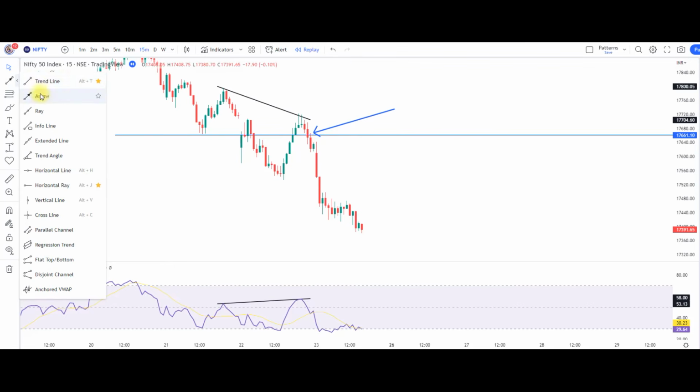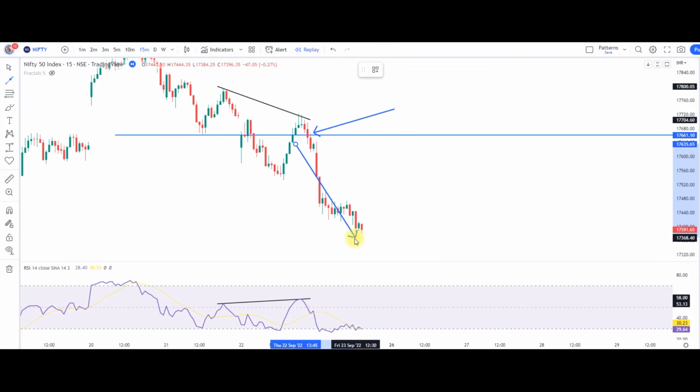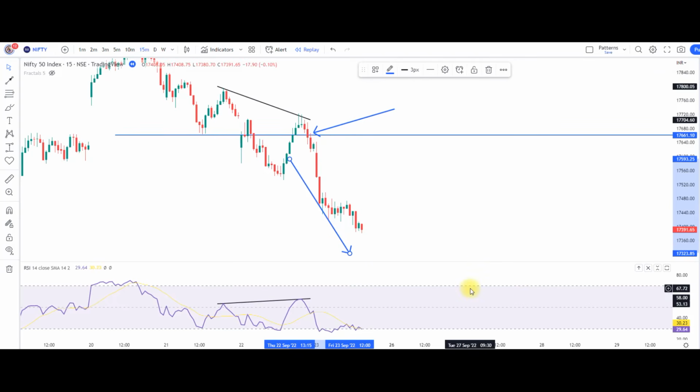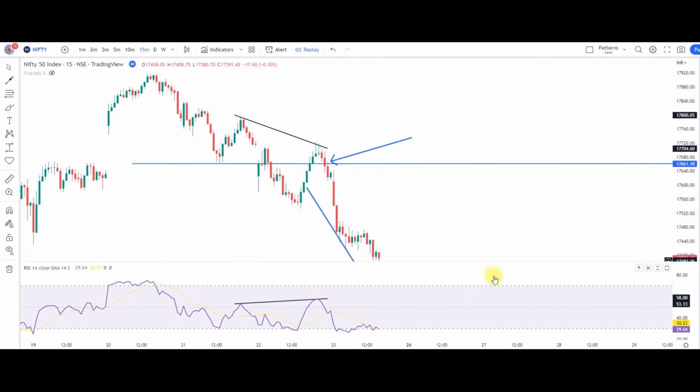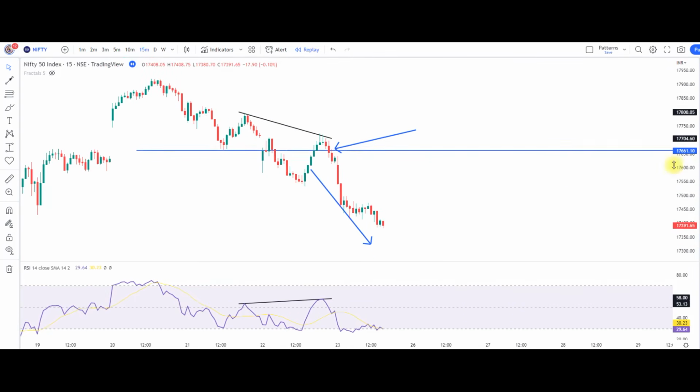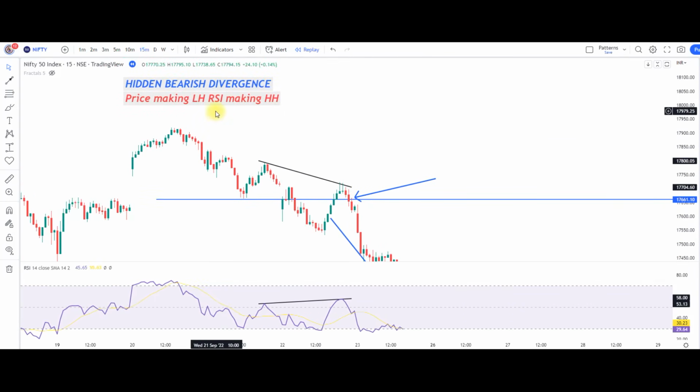We got a nice move downwards after we entered into the trade. So I hope you understood how you can enter into the trade if you get a bearish divergence.